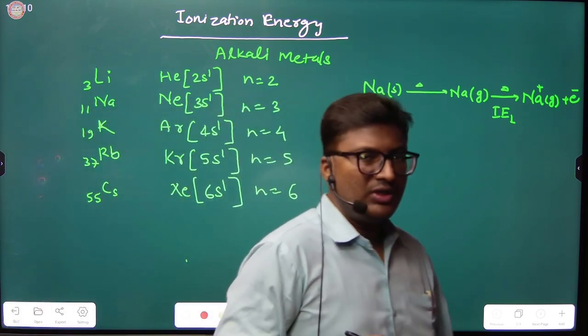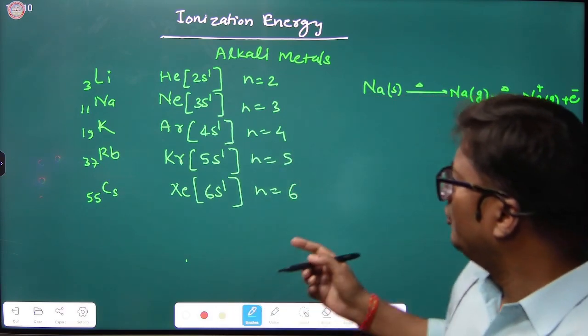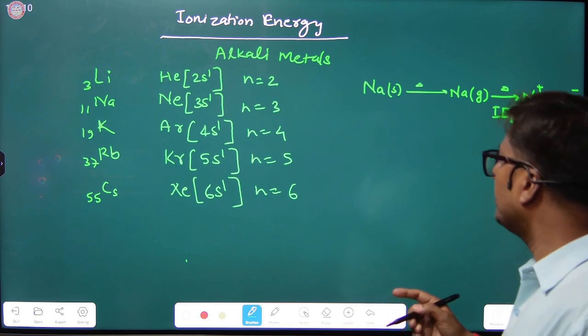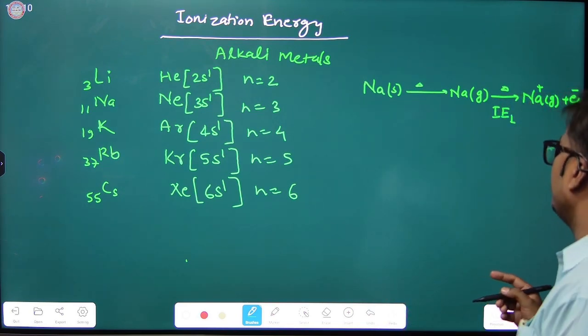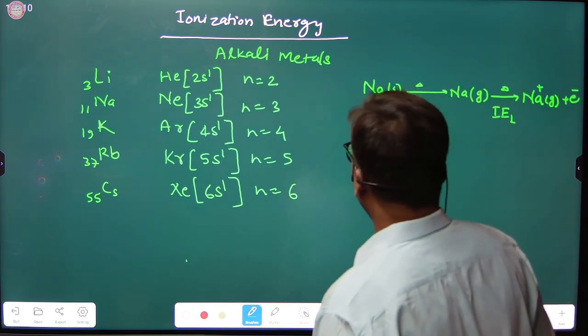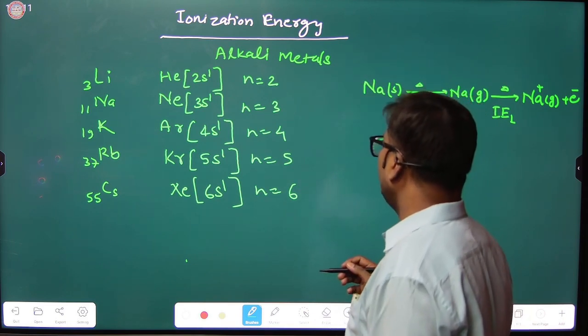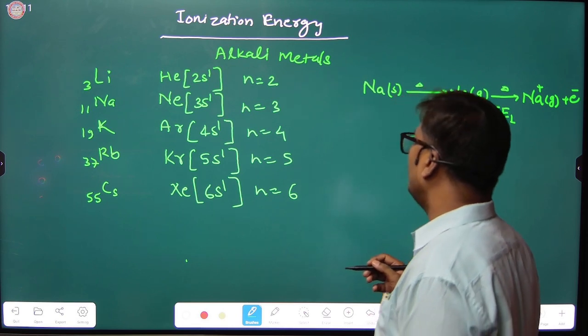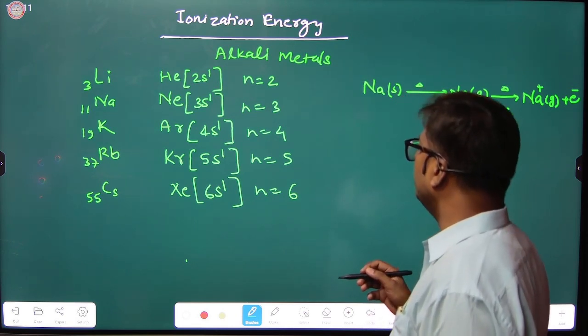So the number of shells increases as you move from lithium to cesium.